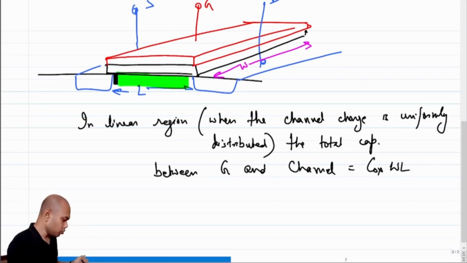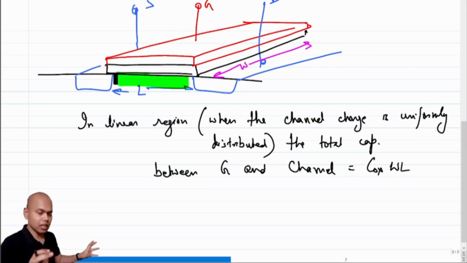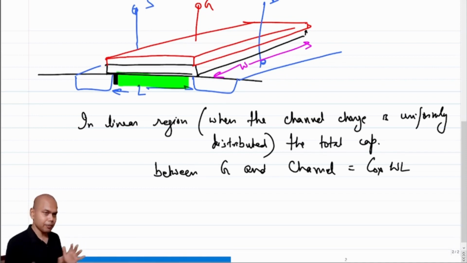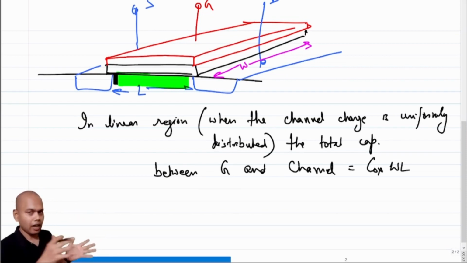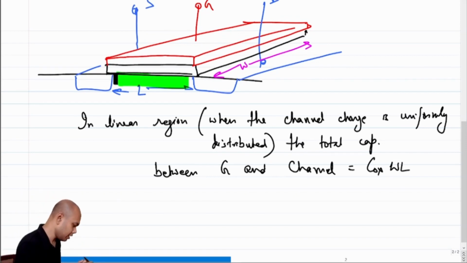So what we tend to do is to split this capacitance into two parts. Because this is like a uniform charge distribution, we will say that half the capacitance will apportion between the gate and the source side, and half the capacitance will apportion between the gate and the drain side. So essentially, instead of assuming the capacitance exists between gate and the channel, we say that the capacitance exists between gate and the source and gate and the drain.